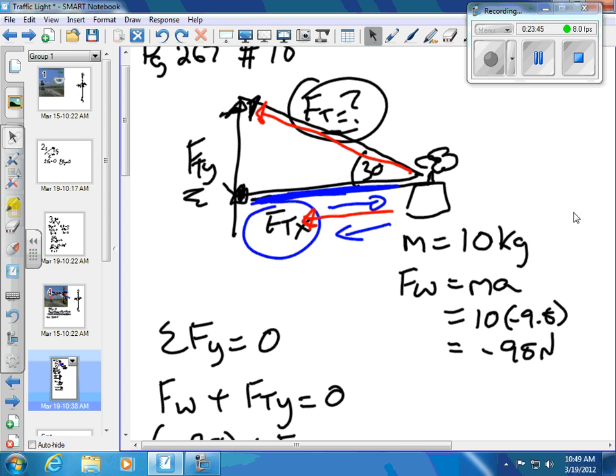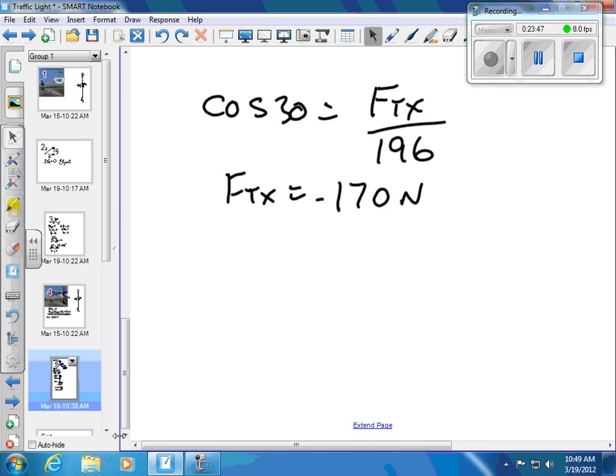Sum of Fx has to be 0, right? Yes, it'll be 170. Sum of Fx equals 0.